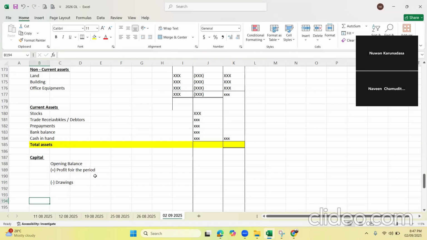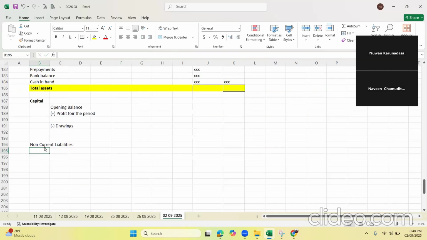Then you take the non-current liabilities. What are the non-current liabilities you have? You take it then. Maybe bank loan. And then you take the current liabilities. These are new for you. Don't worry, we will learn.